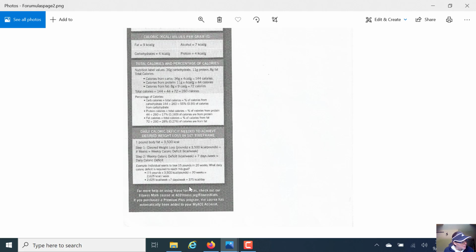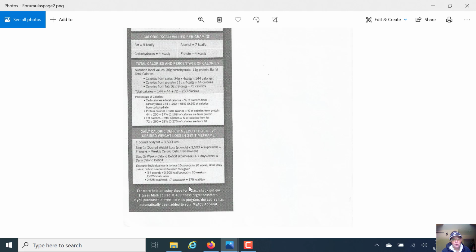You can see the example below: somebody wanting to lose 15 pounds in a 20-week period, using that formula, has a daily caloric deficit of 375. So they have to decrease their caloric intake by 375 calories per day if they want to lose that 15 pounds in that 20-week period.